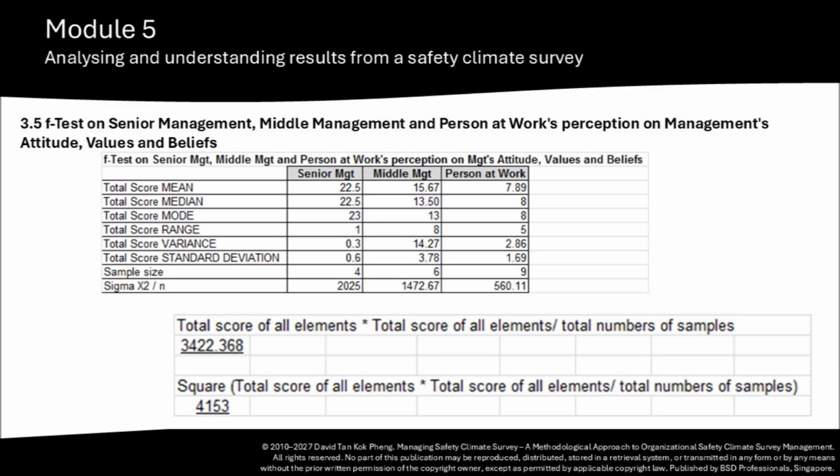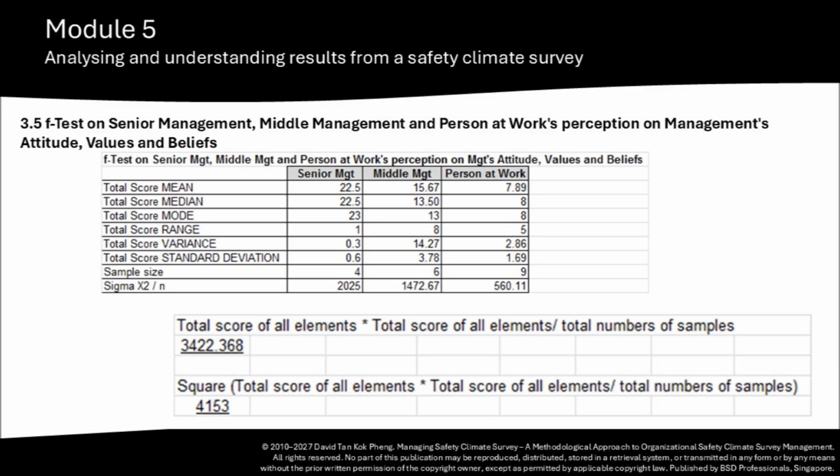This suggests that the three groups have differing perceptions of management's commitment, values, and beliefs related to workplace safety and organizational practices. However, while the F-test confirms that a significant difference exists among the groups, it does not identify which specific groups differ from one another.